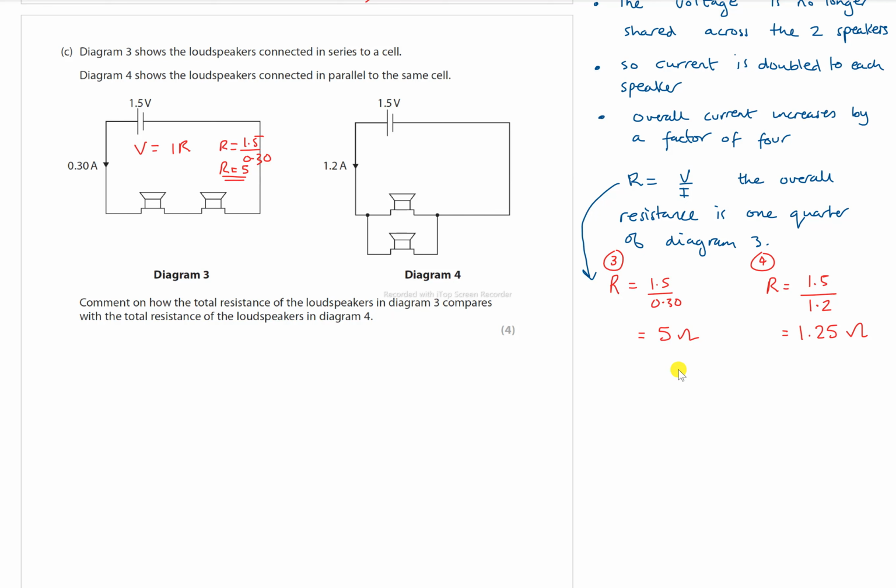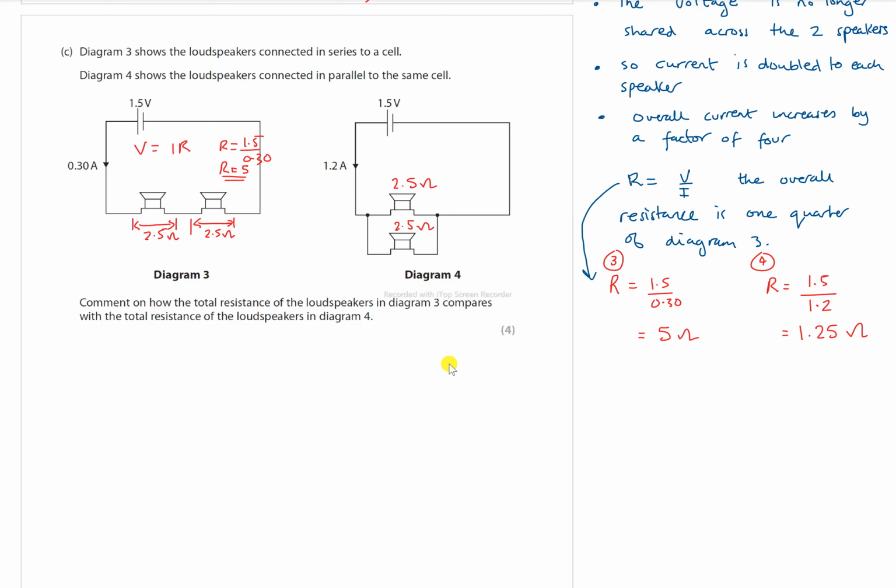Right, so that there is 2.5 ohms, and that there is 2.5 ohms. Now when you put them together, we know this is 2.5 ohms, this is 2.5 ohms.